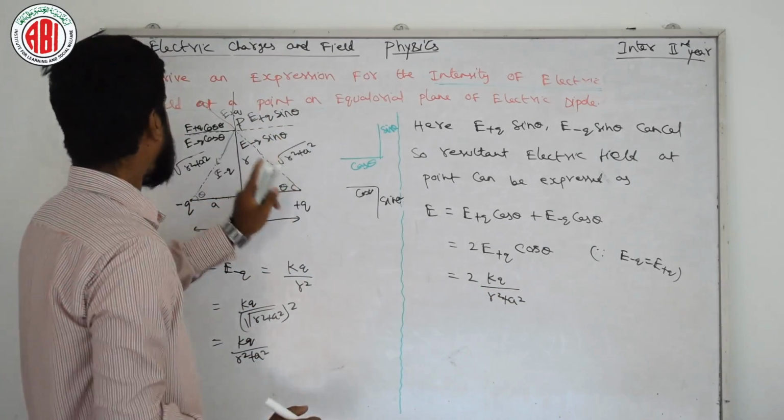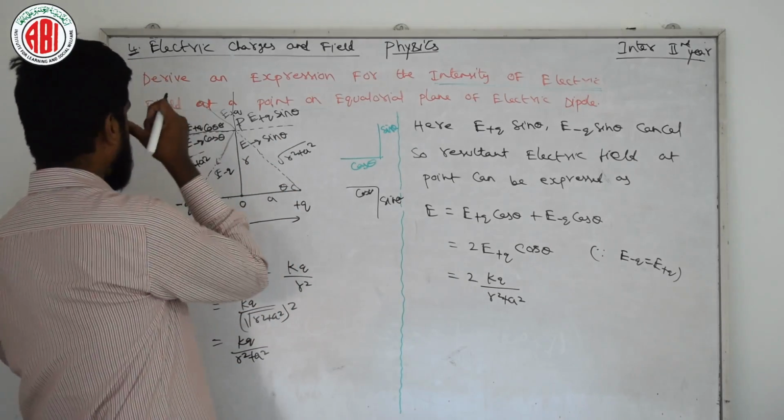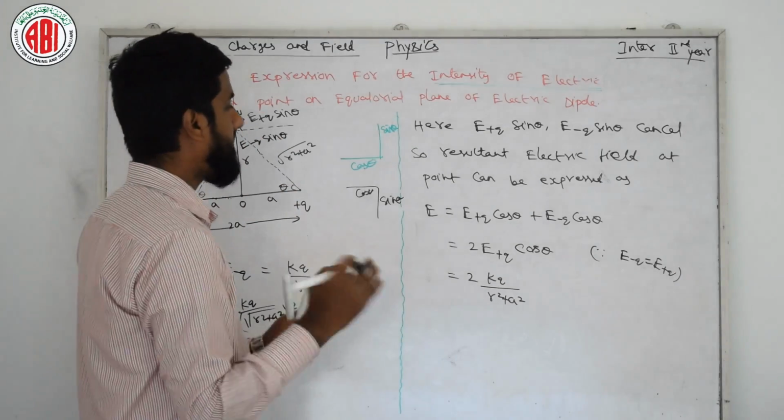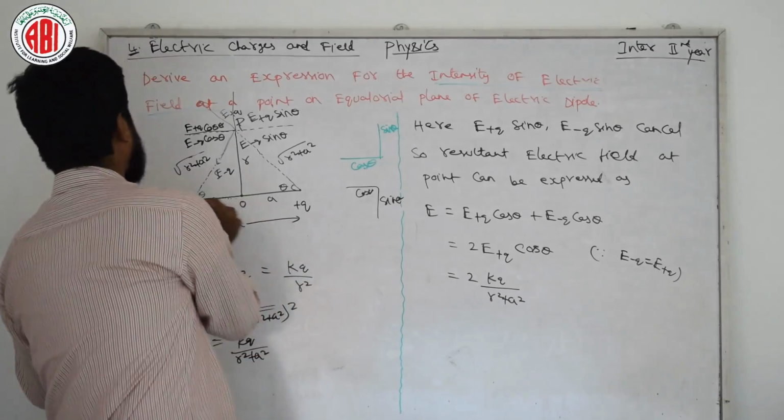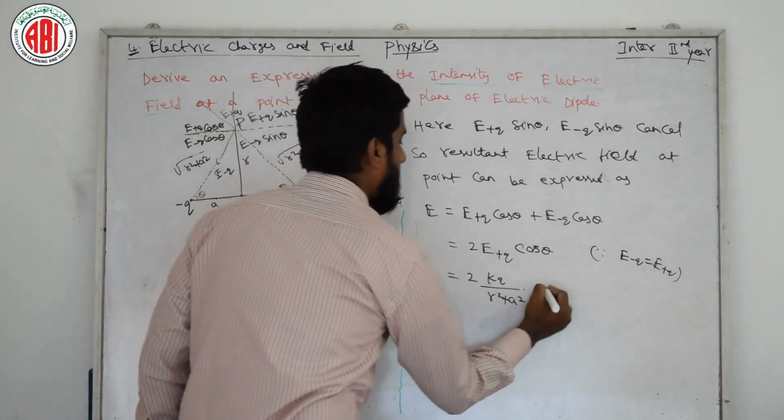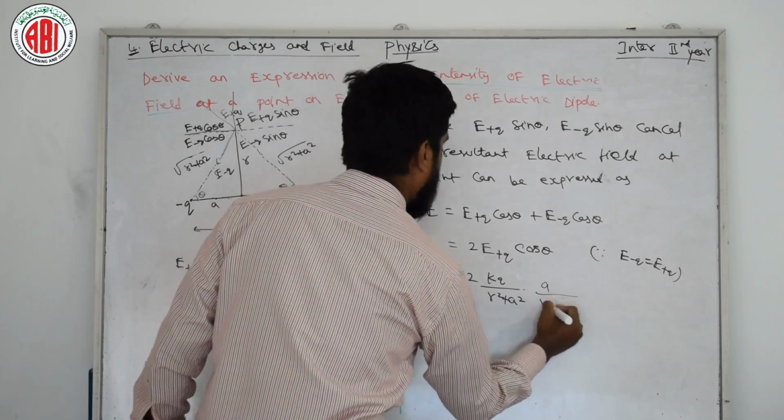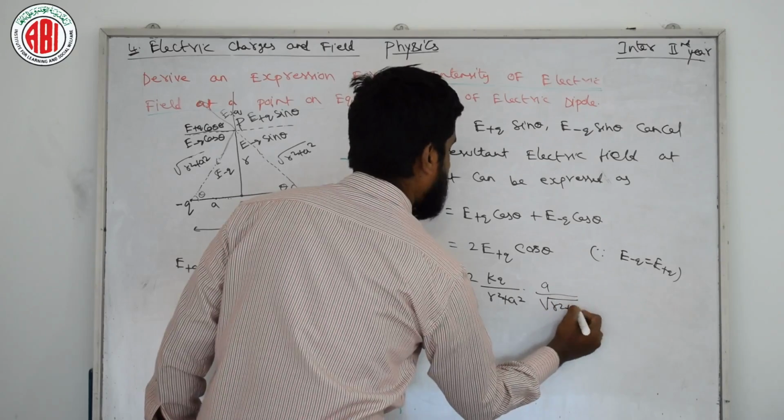Here we can find the cos theta. You can see here cos theta we have with us as adjacent by hypotenuse, so it will become a by under root of r square plus a square.